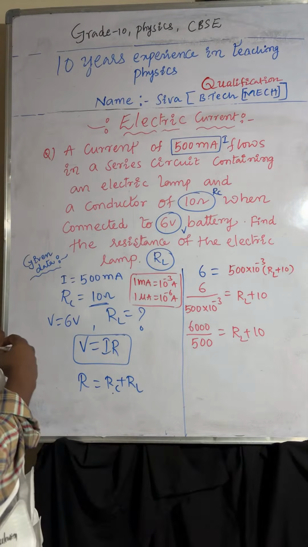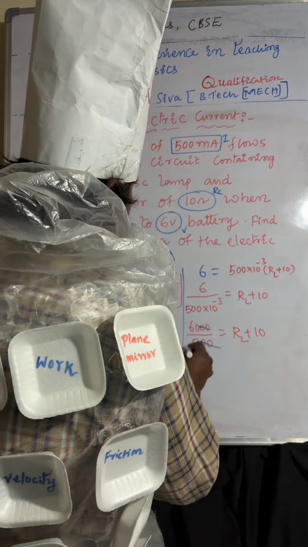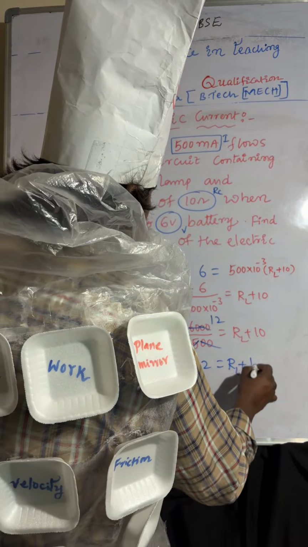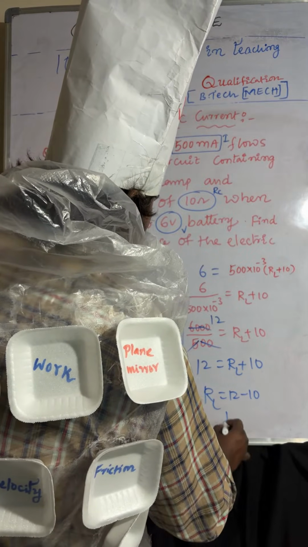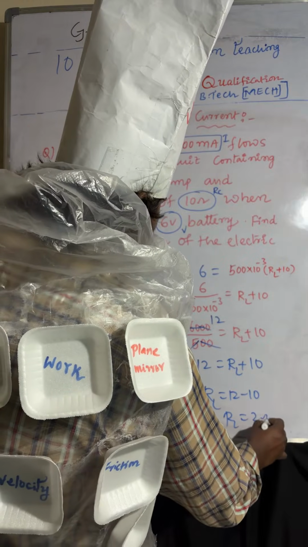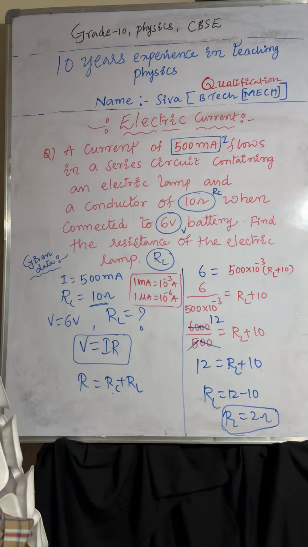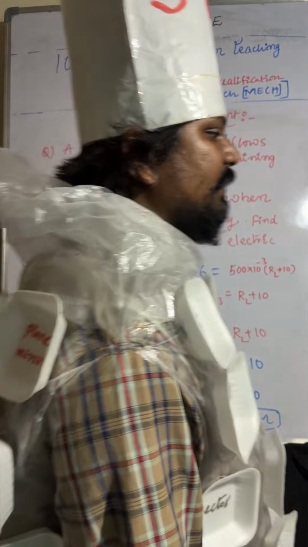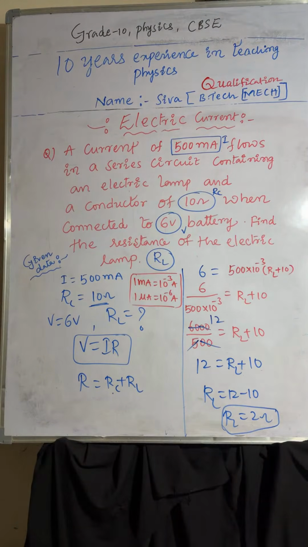We can cancel 2 zeros here and 2 zeros there, so 12 equal to RL plus 10. Then RL equal to 12 minus 10, that is RL equal to 2 ohm. This is the answer. Is it correct or not? Check once. If it is correct, let me know.